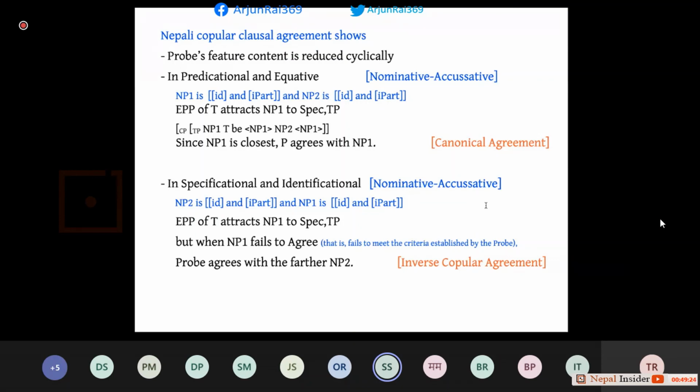So what happens is that the EPP of T attracts NP1 to spec TP, as I have shown over here. So NP1 originates at the bottom, it moves up above the verb, and from there it moves to spec TP because it is attracted by EPP. Since NP1 is now closest to the probe, that is T, it agrees with NP1, and therefore we will have a canonical agreement.